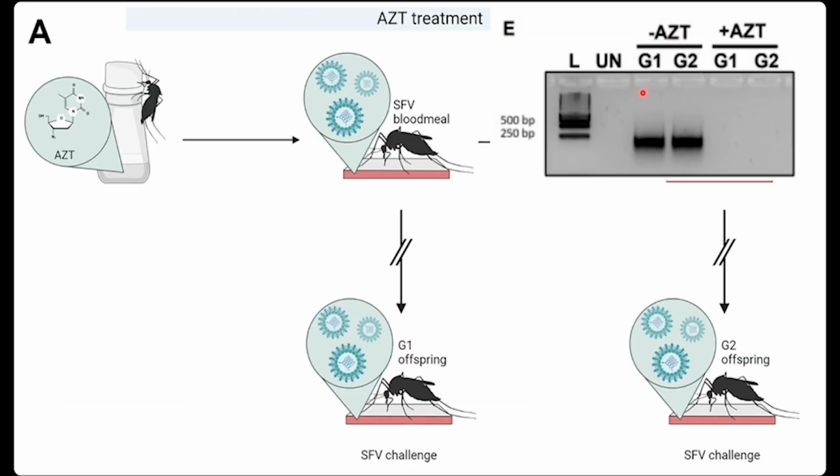So AZT minus, they're able to see it in generation one and generation two, that's the generations after they've been infected with SFV, and these generations have these pieces of DNA, these transposons, that are resistant to SFV.